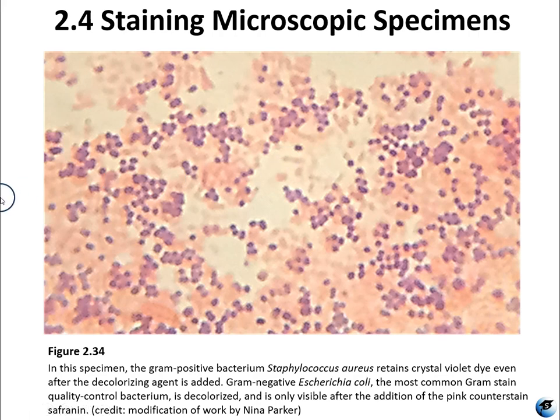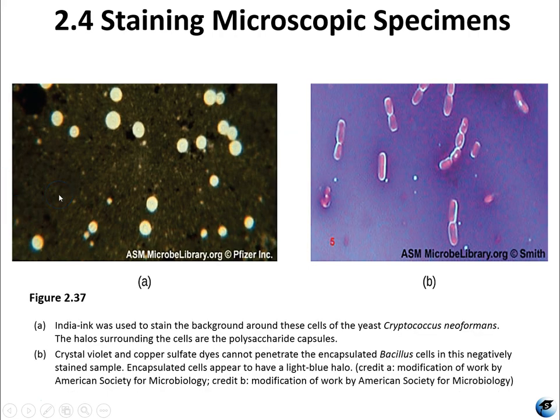Okay. These again look like a negative stain because the background is dark and the cells are transparent, but these are actually capsule stains. And what you do in a capsule stain is, because the capsule is made up of glycocalyx and it doesn't readily take up the dyes. It doesn't take up basic dye or acidic dye because it doesn't have any kind of a charge. They're neutral.